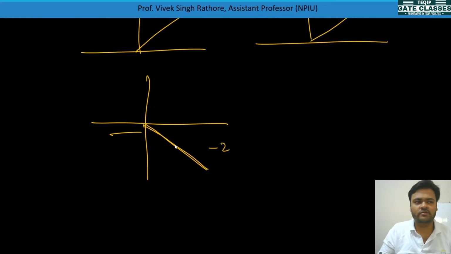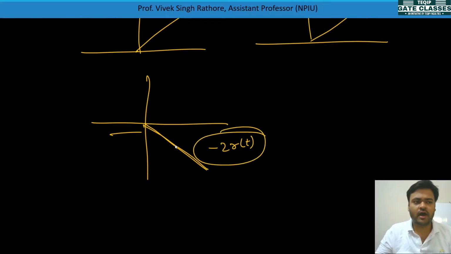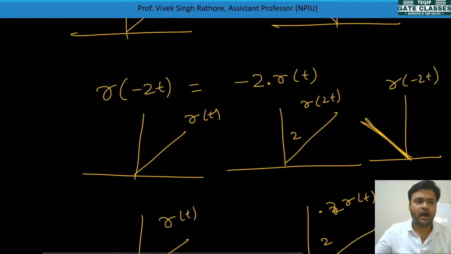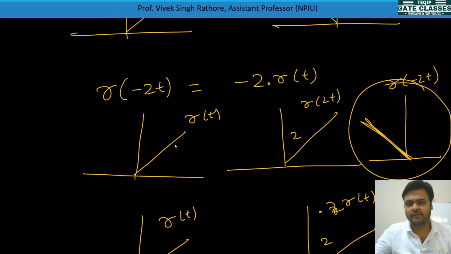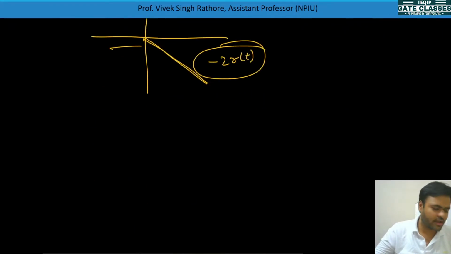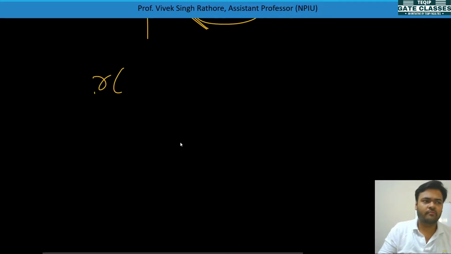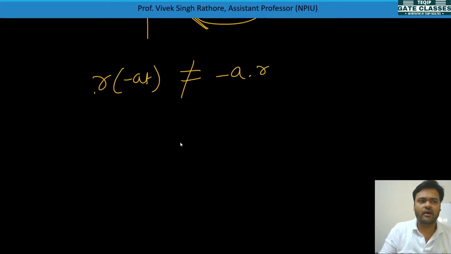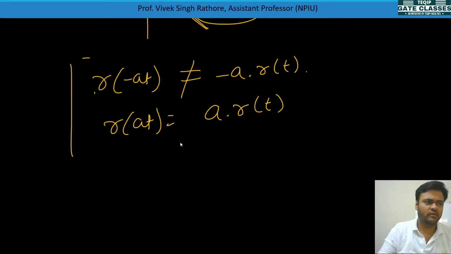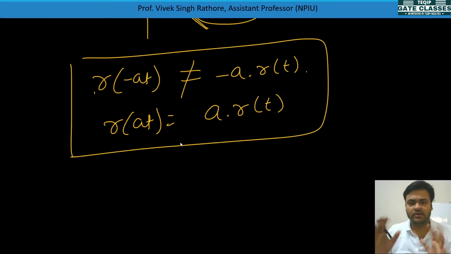This is called -2 r(t). So you can understand that -2 of r(t) and r of -2t are entirely different. So we can conclude that r of -at doesn't equal -a of r(t), but normal r of at can be written as a into r of t. You just need to understand this concept.